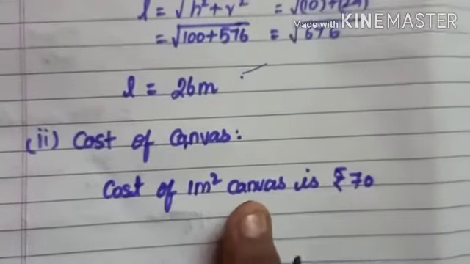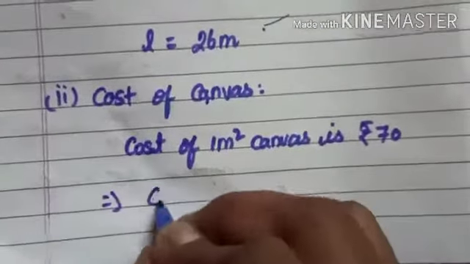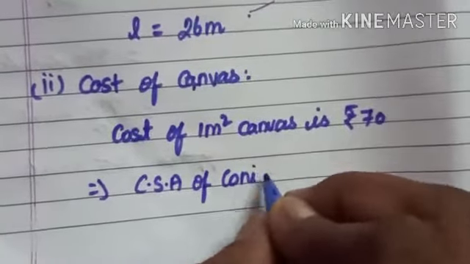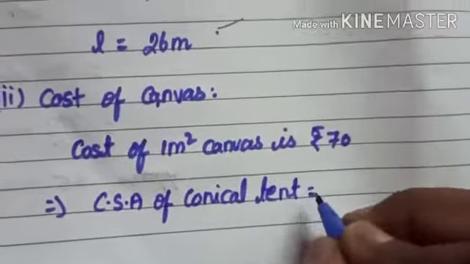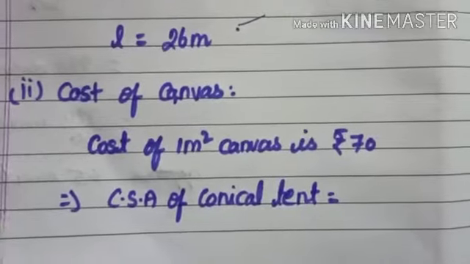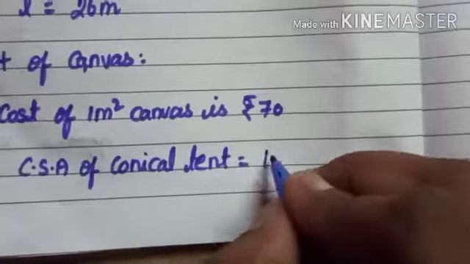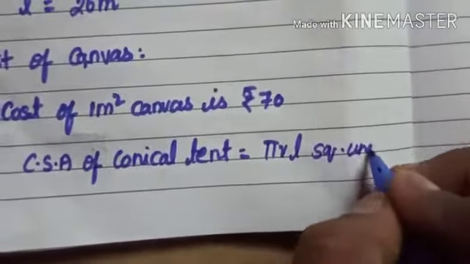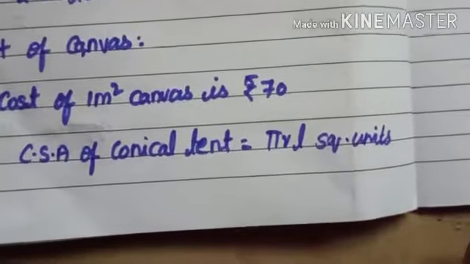Which implies that the CSA of the conical tent, once you find it, we know how much canvas is used. So what is the formula for the CSA of a conical tent? It is pi r L square unit. Repeatedly I am telling you, this unit is very important.